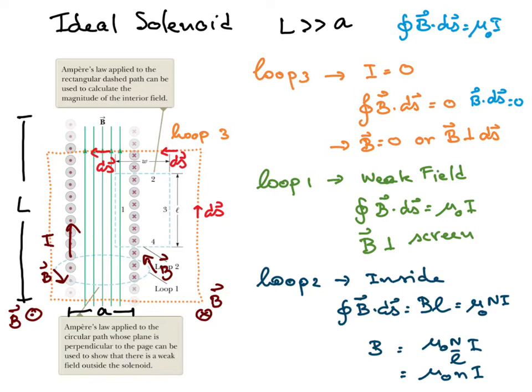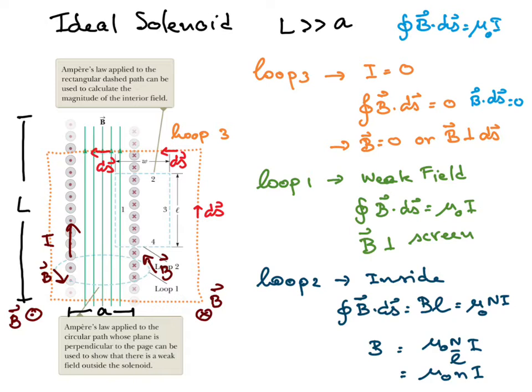So we will not calculate the magnetic field outside the solenoid here, but we know that it is a weak field. Why we call it a weak field, we will see when we analyze loop number 2. Okay, so we know outside the solenoid we have the magnetic field that curls or circulates around the solenoid.